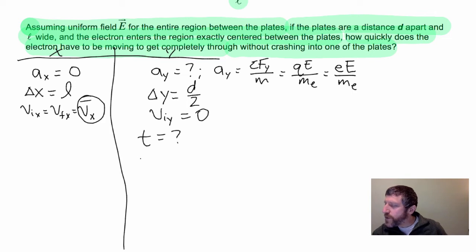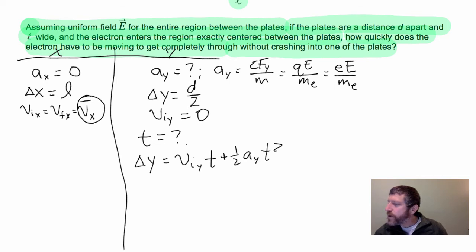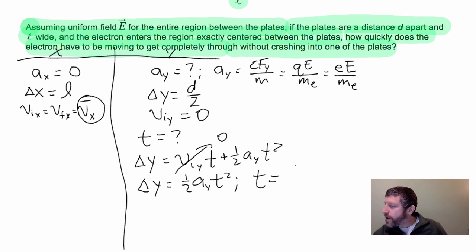The equation is delta y equals v initial y times t plus 1/2 a y t squared. This goes to 0 because v initial y is 0. So delta y is equal to 1/2 a y t squared, and thus t equals the square root of 2 times delta y over a y. That's our time.